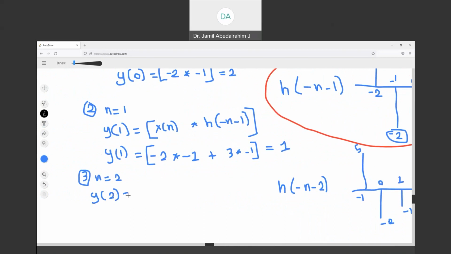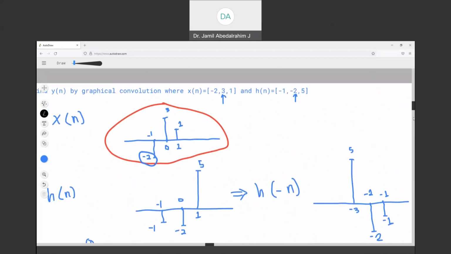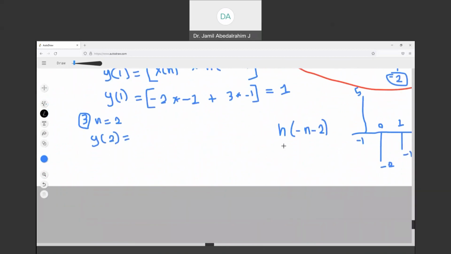For y of 2, we need to multiply x of n by h of negative n minus 2.